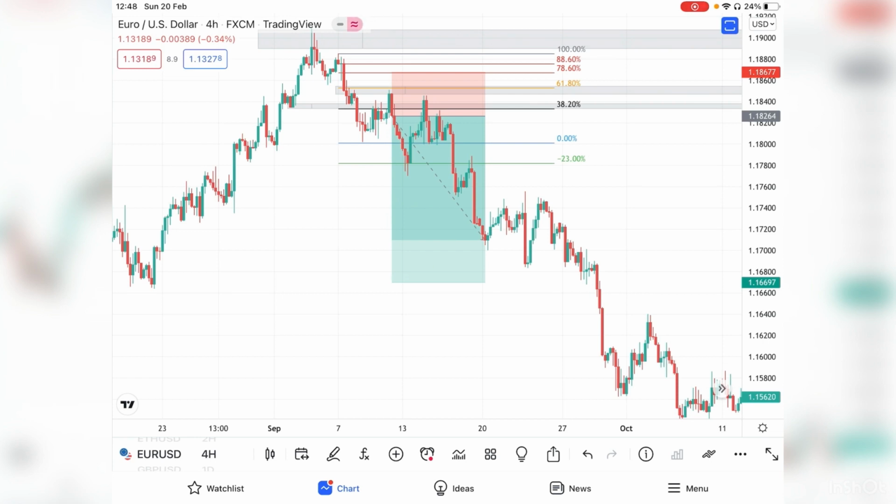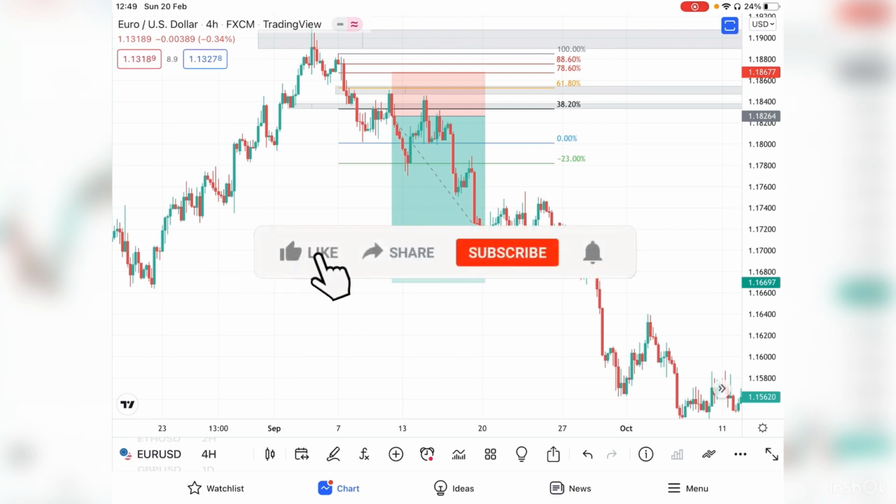So before you start to search for trade setups, be sure to check the trend on the higher time frames, like the H4 and the daily. These are the two time frames I would suggest. Make sure to do that and use the market structure technique that you've learned today.